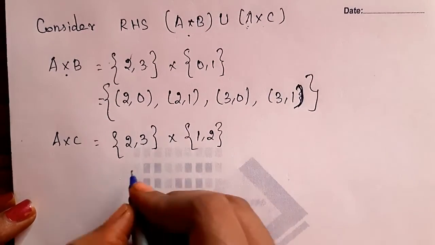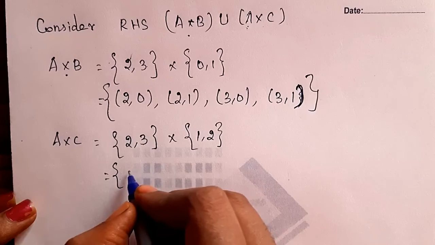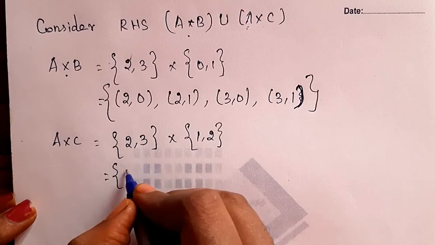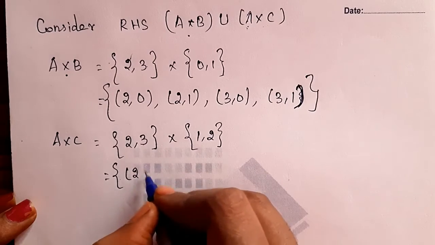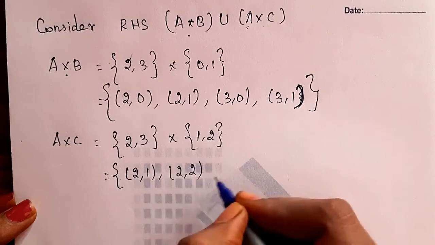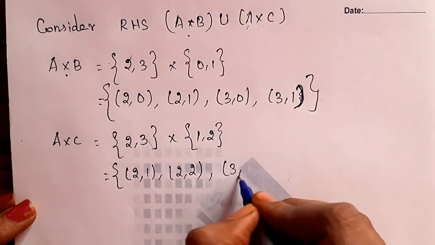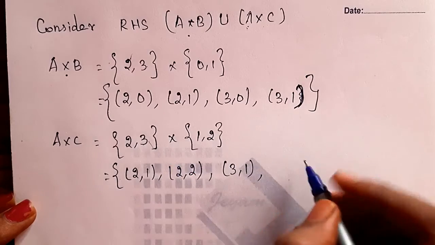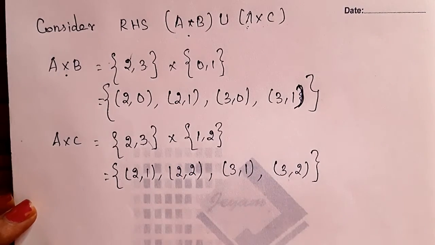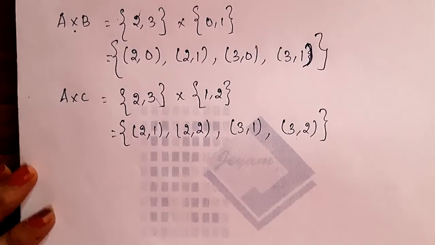Just make the cross product, that is the set of all ordered pairs (2, 1), (2, 2), then (3, 1), (3, 2). Okay, we did that.